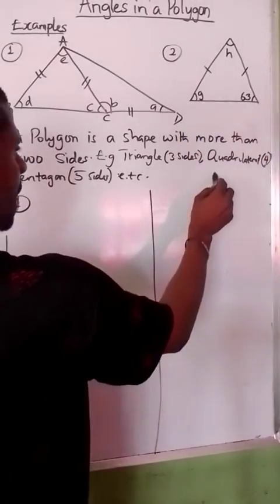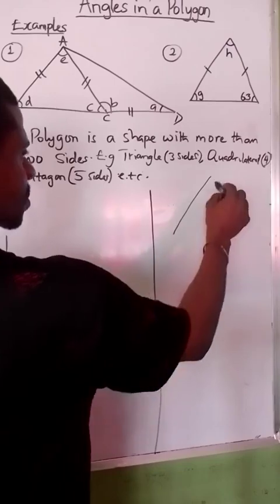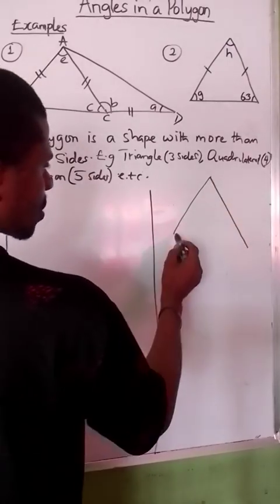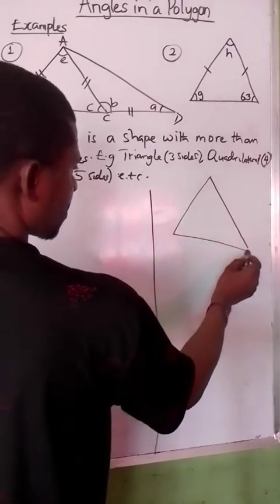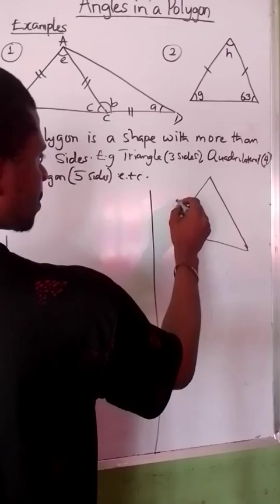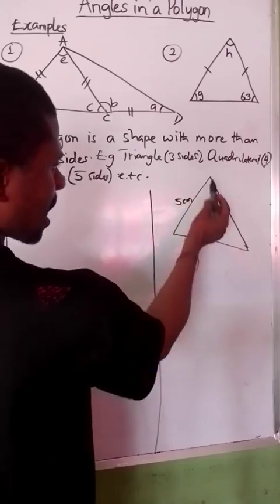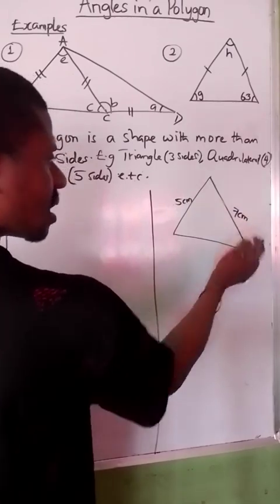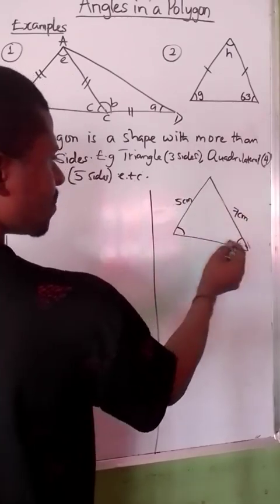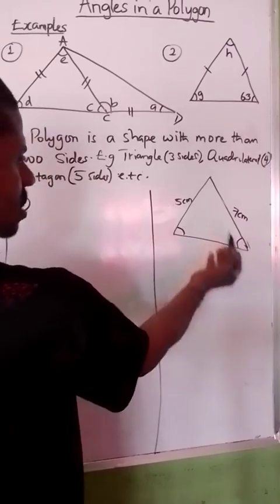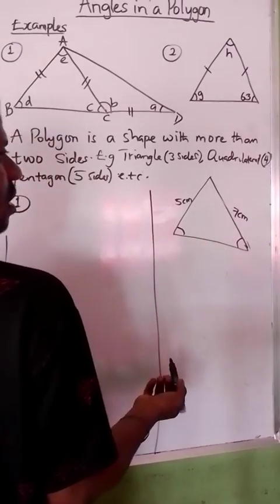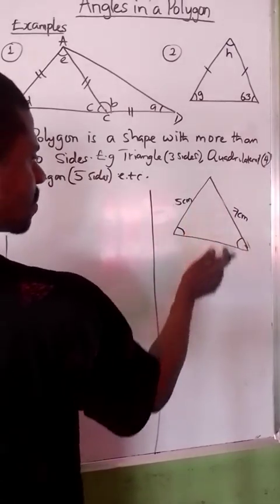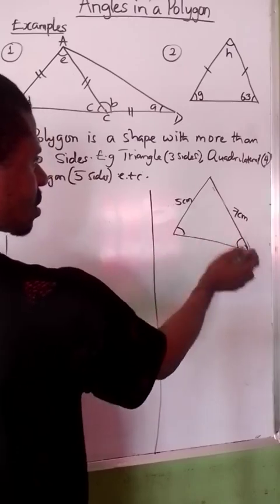Now imagine I have this, and I have this. As you can see from this diagram, if this line is 5 centimeters, this line is longer, let's say 7 centimeters. This angle can never be the same because they are not the same length.